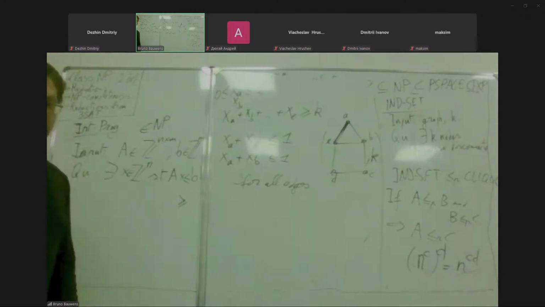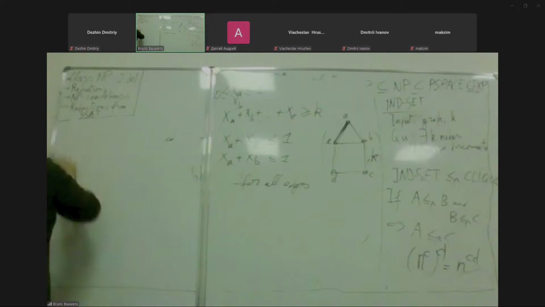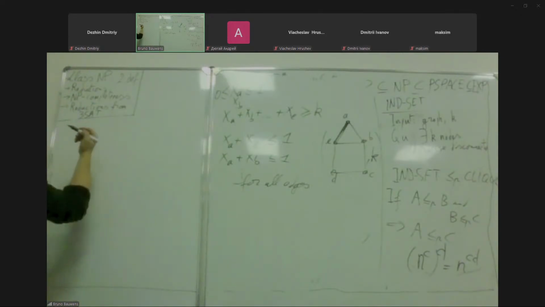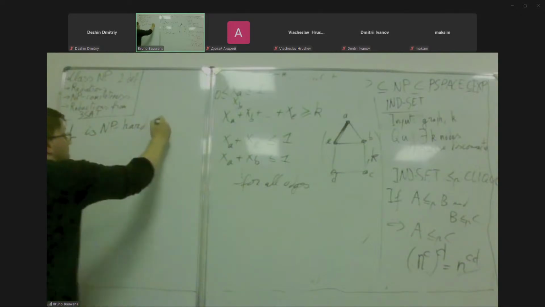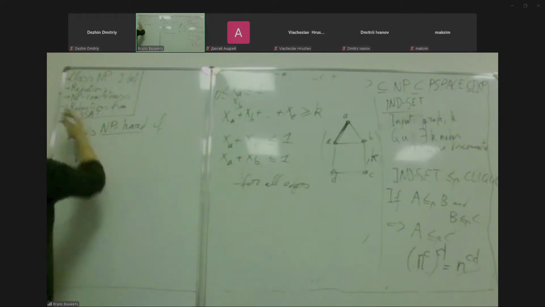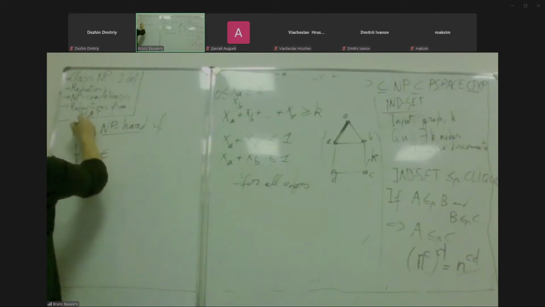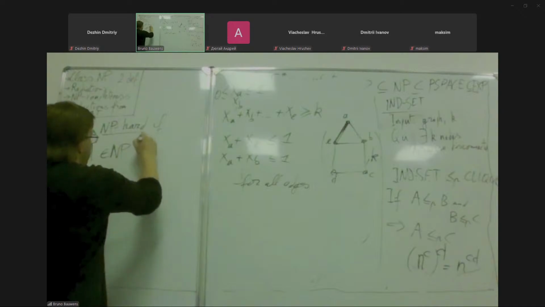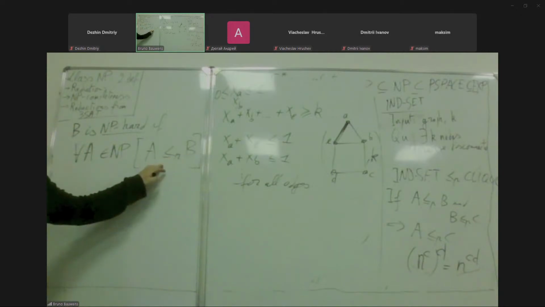Okay, so now let us finally say what is NP-hard and NP-complete. A language A is NP-hard if for every language B in NP, B reduces to A. So NP-hard means harder than any language in NP.